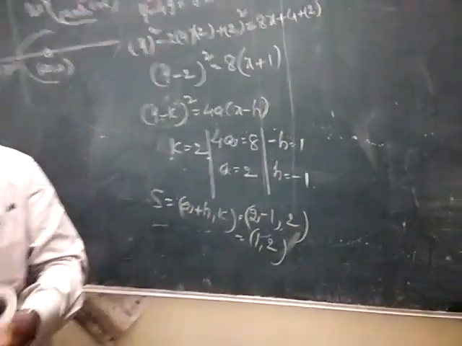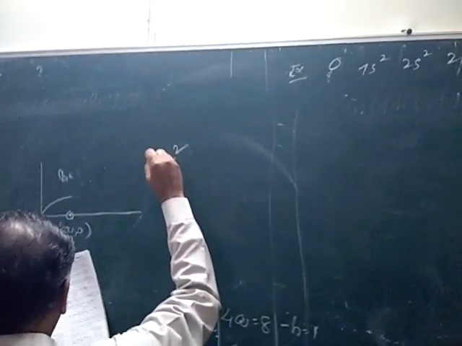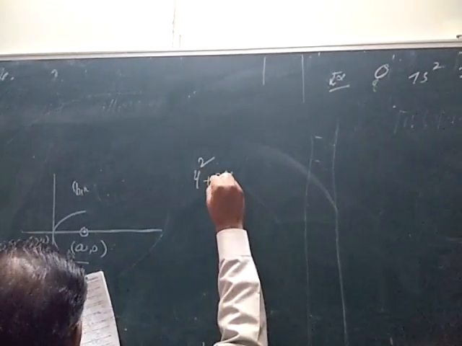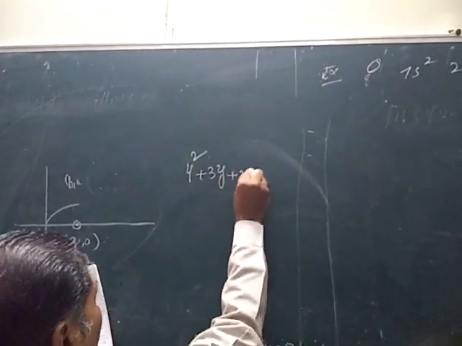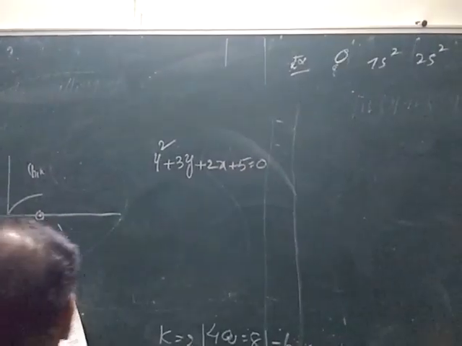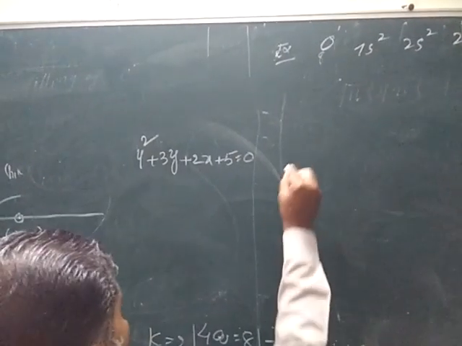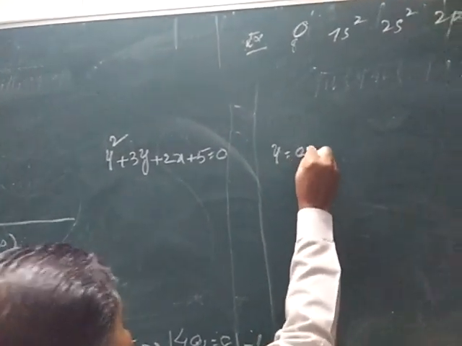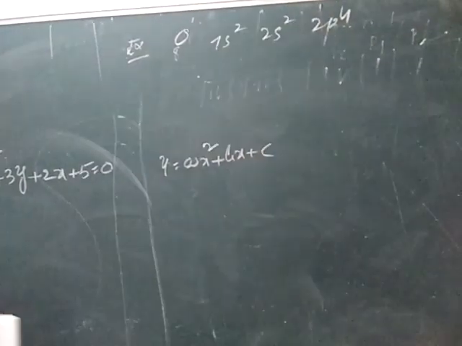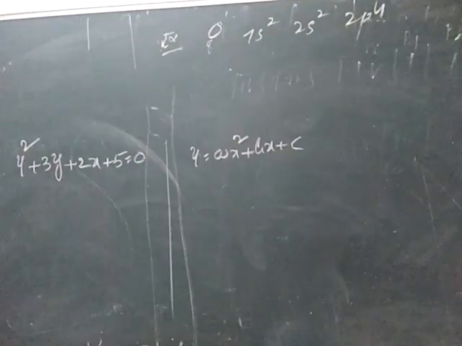Next, y square plus 3y plus 2x plus 5 equal to 0. Another bit, ax square plus bx plus c.